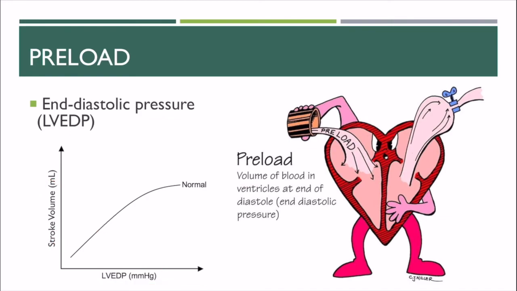And hopefully that makes sense. More in, more out. And if it helps you, for me with the heart, it really helps to go to that water balloon analogy. If you take a water balloon and you fill it with 100 milliliters and you open the top and you squeeze it, a certain volume will come out. If you fill that water balloon with 500 milliliters and you squeeze with the exact same force, more water will come out. More in equals more out. So that's an easy way of thinking about preload.